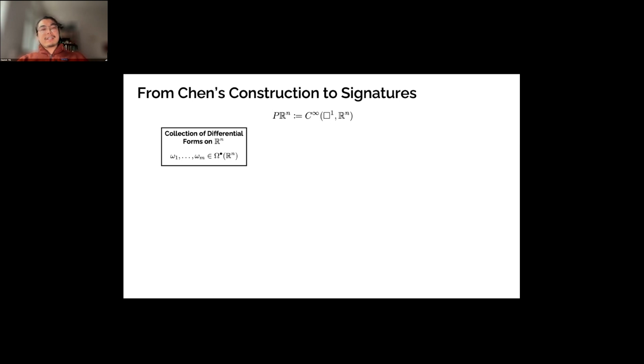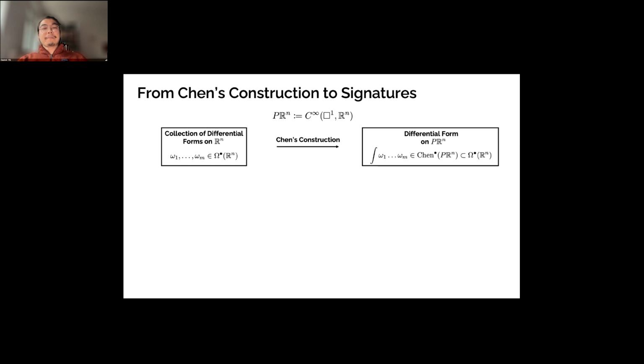So Chen's construction is a way of taking a collection of differential forms on Rn and constructing a differential form on the path space of Rn. Now, there's some subtlety here because the path space of Rn is infinite dimensional and so is not a manifold. And Chen developed this theory of differentiable spaces, which allows us to talk about differential forms on things like infinite dimensional spaces.